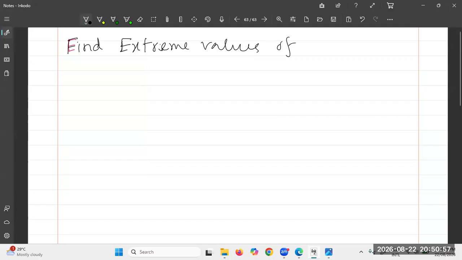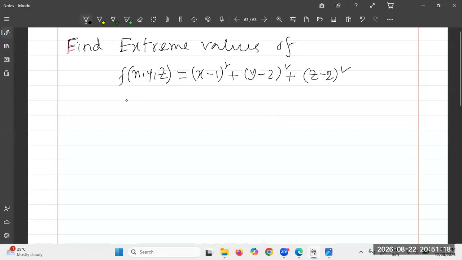We have formulated this function, and the formulated function is the distance function, which is (x minus 1) squared, (y minus 2) squared, (z minus 2) squared, and the constraint is g of x, y, z equal to x squared plus y squared plus z squared minus 1 equal to 0.